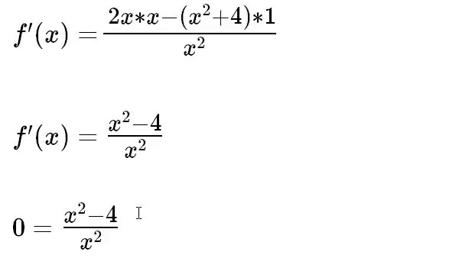So we know that 2 and negative 2 are critical numbers. And if I plug 0 in the denominator, it's undefined, so this is not going to be differentiable at x equals 0.